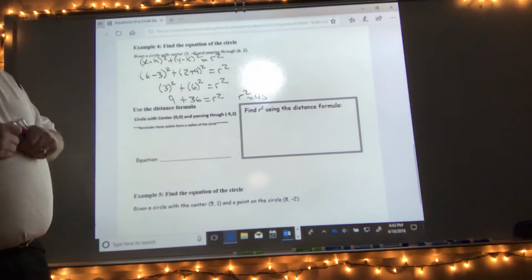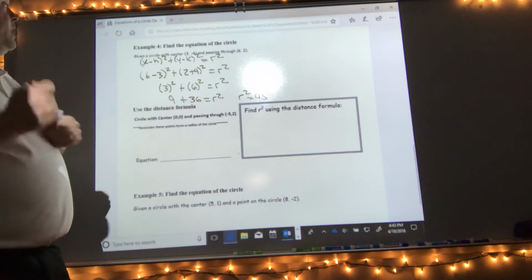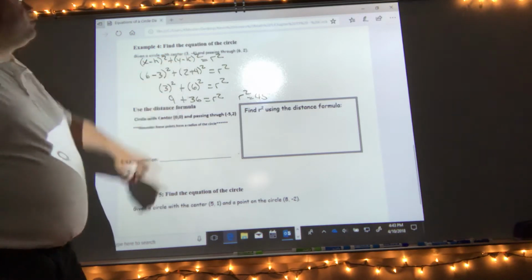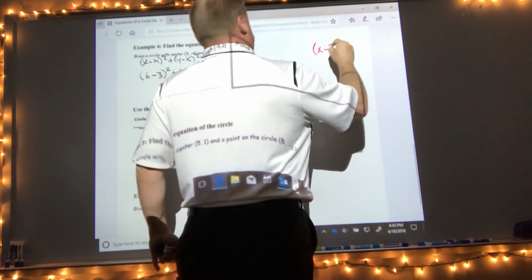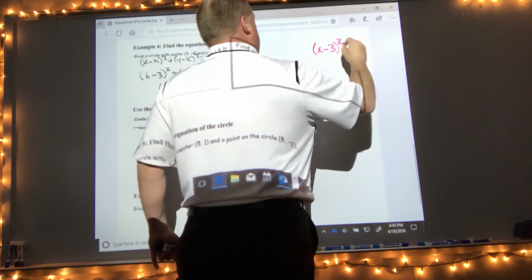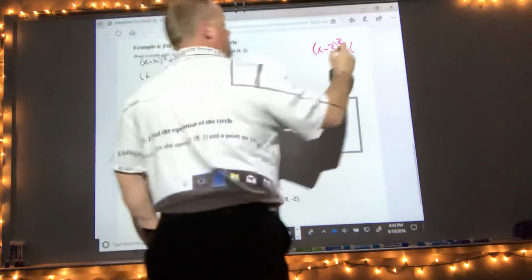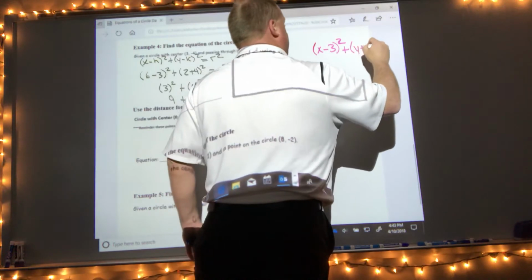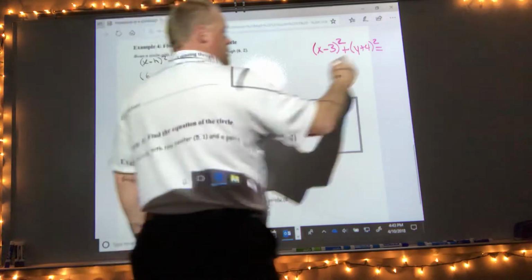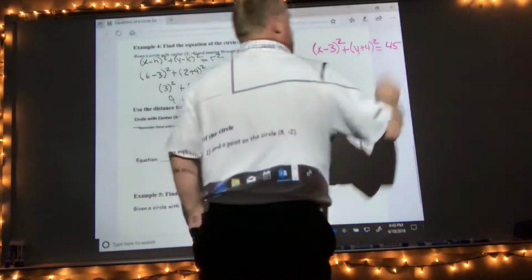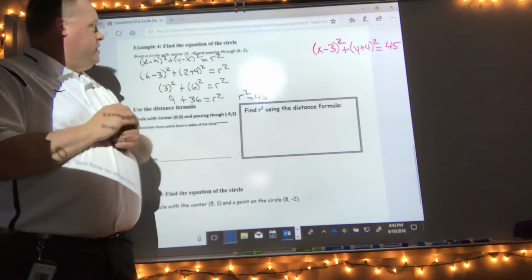So now find the equation. I know my center is at 3, -4. So x minus 3 squared plus y, and it's a -4, so it becomes +4, so y plus 4 squared equals r squared, 45. All right, so that's your one example for that.